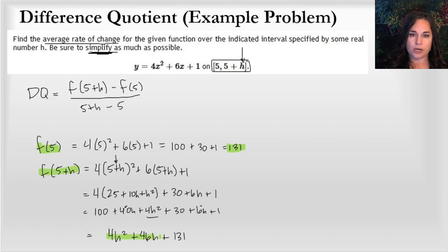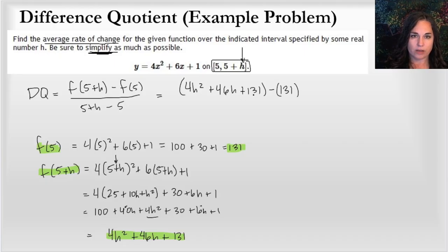This expression, I'm going to plug in wherever I see f of 5 plus h. So let's write this all out. 4h squared plus 46h plus 131 minus, right, this is f of 5 plus h, minus 131.